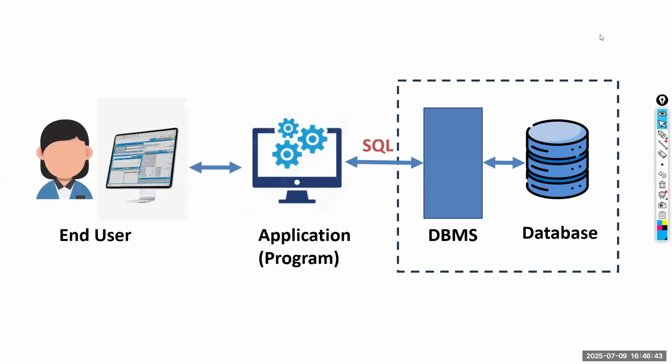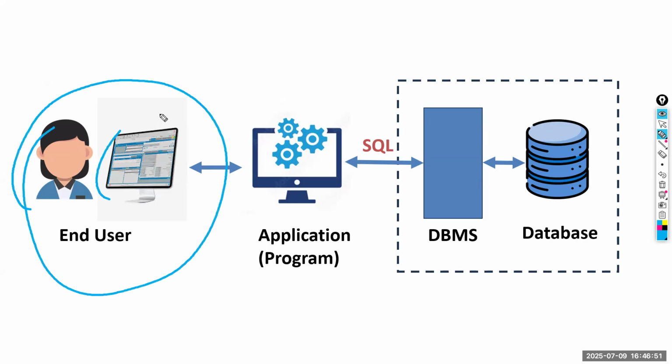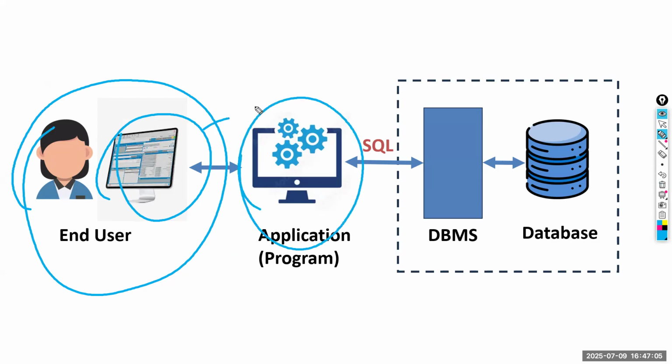This is how you look at the database. We have the end users. They use different applications: order posting system, inventory system, payroll system, leave management system. Their UI is connected to the application, Java, Python, web-based application. Your application communicates with the database management system using SQL, structured query language.